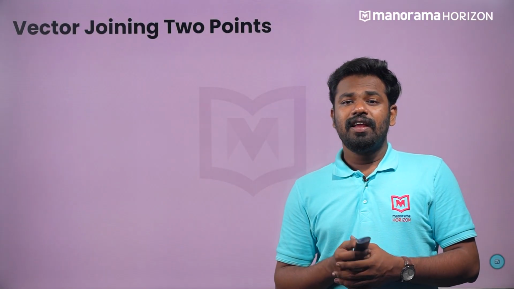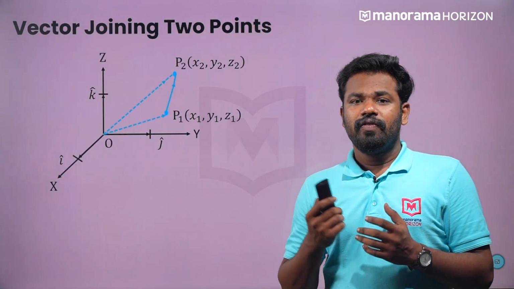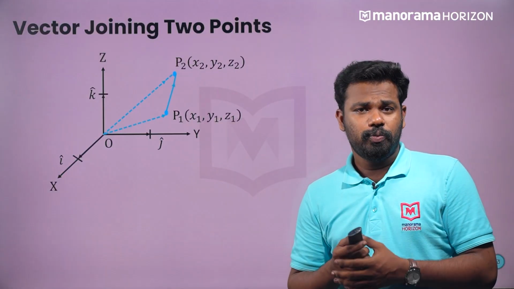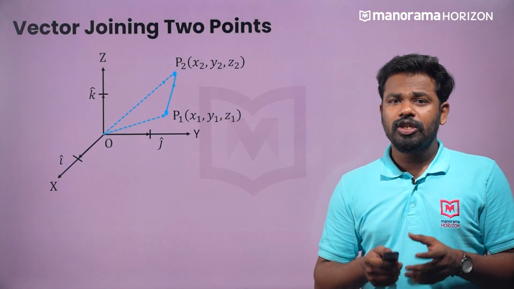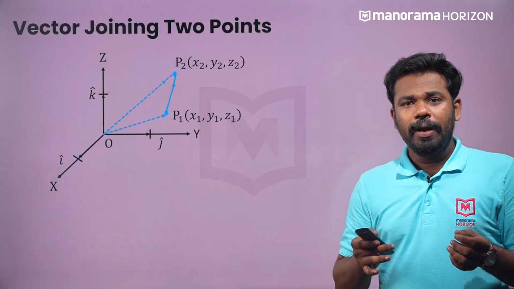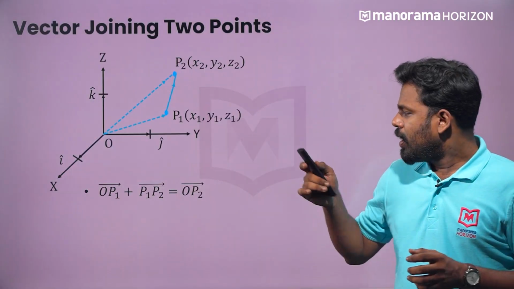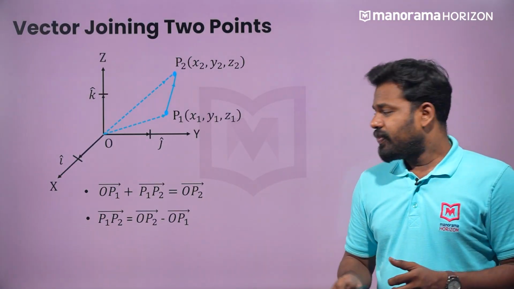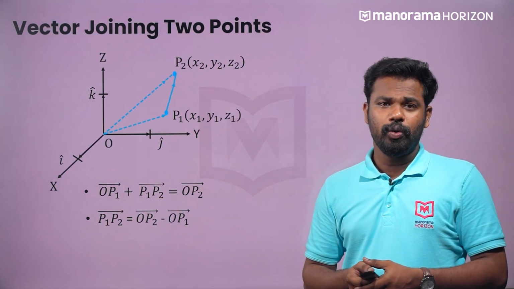Now let's deal with another important concept. Look at the figure. Here, vector P1P2 is obtained by joining the points P1 and P2, which are joined with the origin. By applying the triangle law of vector addition, we obtain OP1 plus P1P2 equals OP2. Thus we can also say P1P2 equals OP2 minus OP1.